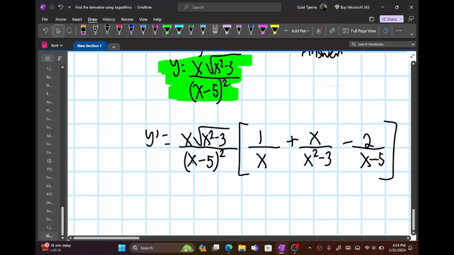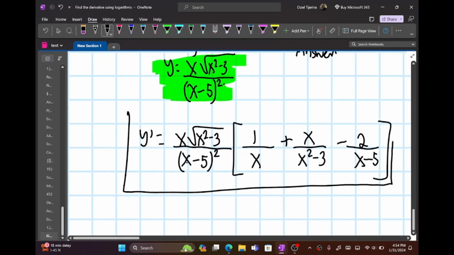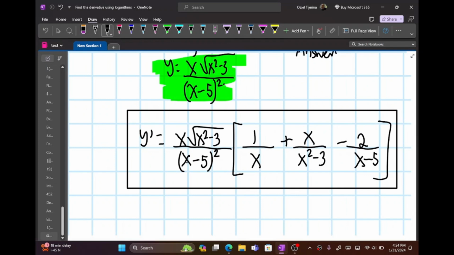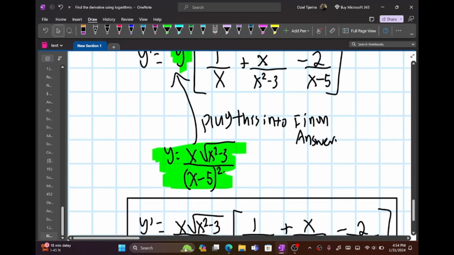And that, guys, is the final answer. Do not try to distribute this and simplify it. Don't do that. It is way too much work. So just leave it this way.